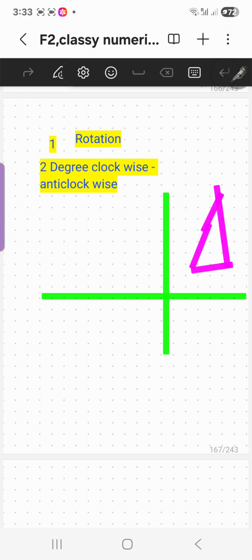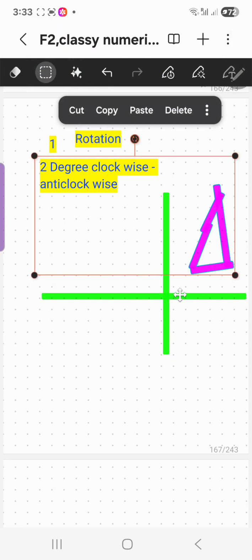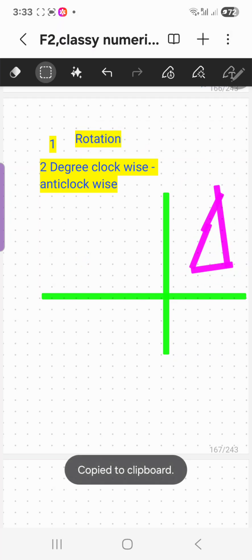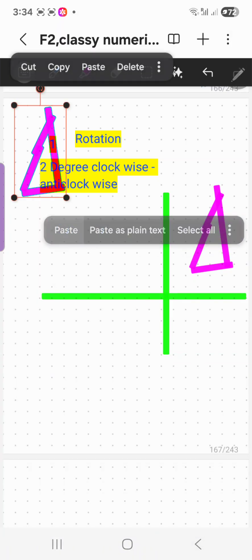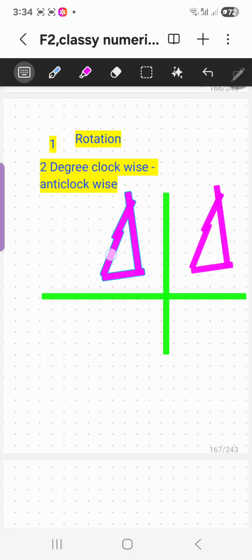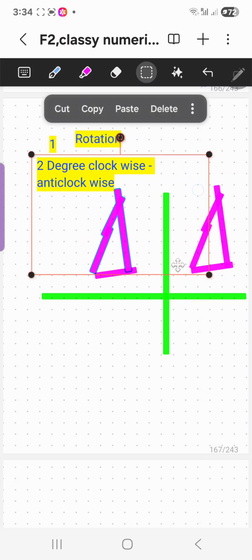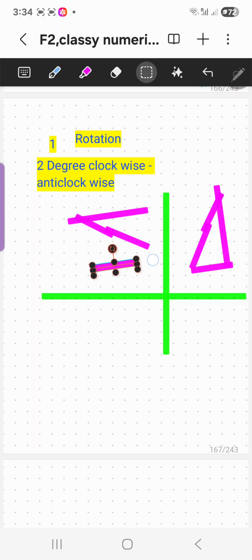The last mark: after we rotate this triangle, for example, by 90 degrees, it has been rotated like this, 90 degrees anti-clockwise, or 270 clockwise, the same. So we have rotated this.